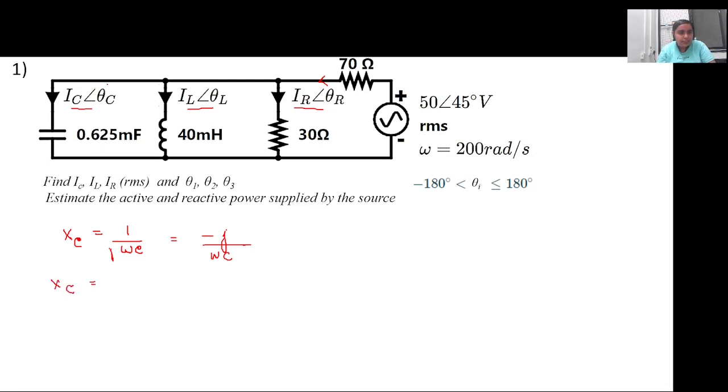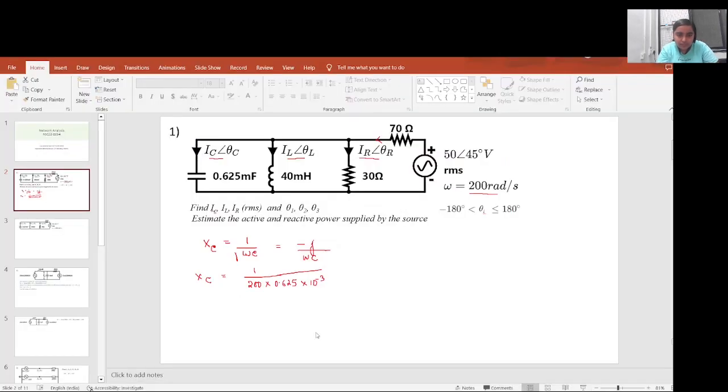So Xc here, omega is given as 200 radian per second, right? Since the value of omega is given, you can calculate 1 by 200 into 0.625. Now this is in millifarad, so 10 to the power minus 3, right?